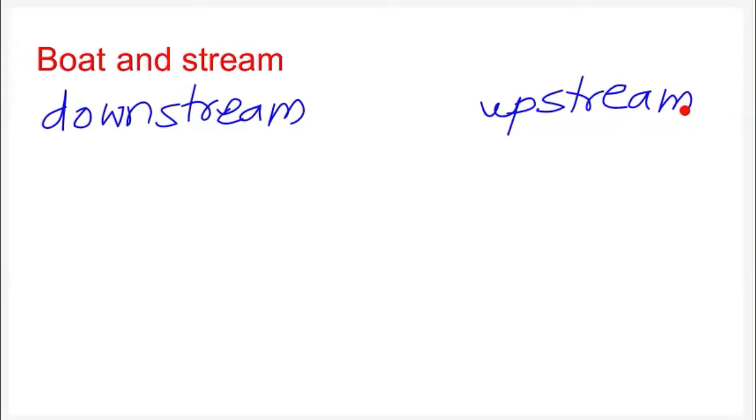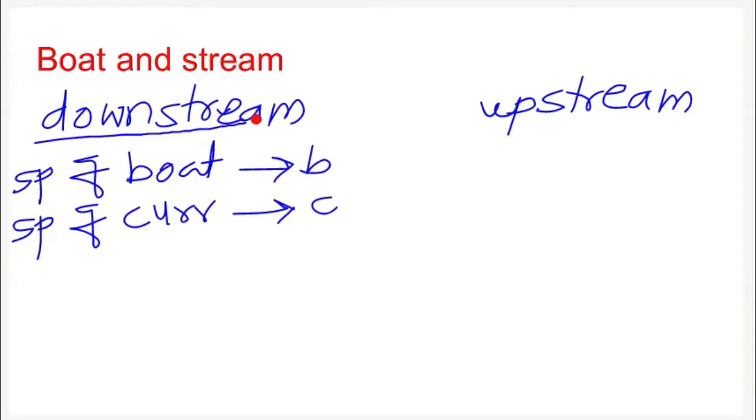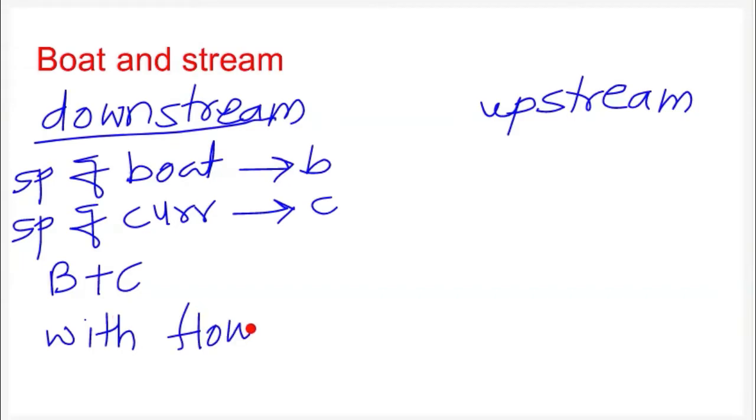Suppose the speed of boat is B, and the speed of current, or speed of water, or speed of stream, say C. So the downstream speed becomes B plus C, because you are going with the flow, with the current, with the stream.